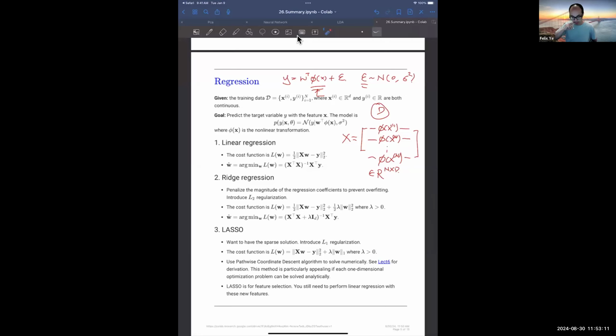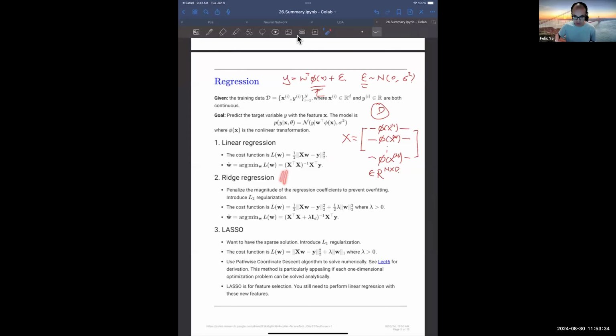But of course, if we just use this simple linear regression, it's very likely to have the problem of overfitting, because you don't know whether the number of features that you got is too many or not. If it's too many, then it will easily overfit.